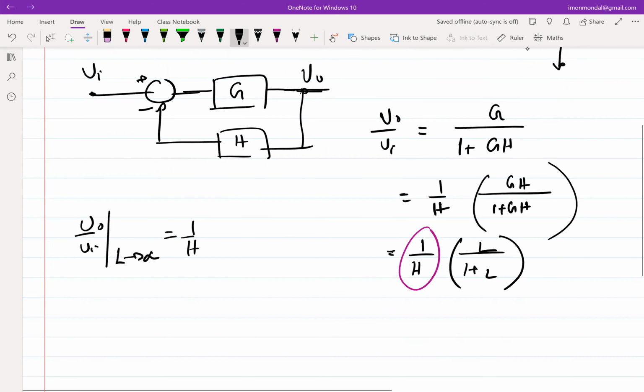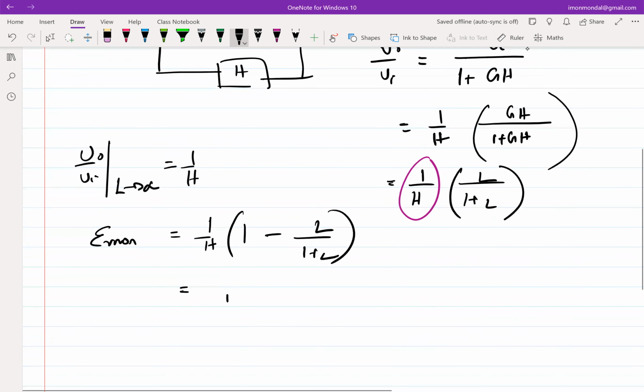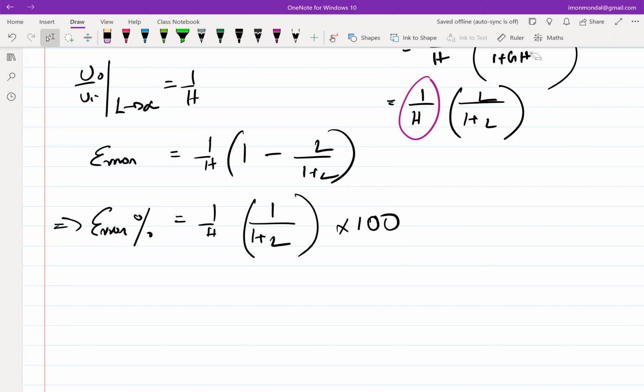And how much is that error? Error is 1 over H, 1 minus L by 1 plus L. And in terms of percentage, if L is really large, which is what a well-designed loop typically has, the error percentage is, you have to divide by the expected value, right?